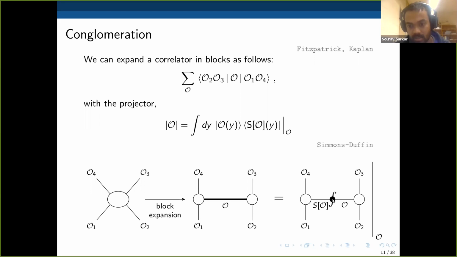This point is integrated over, the black point. This diagram represents a gluing of two three-point functions, and then we have to take a projection to get rid of the contribution of the shadow operator.